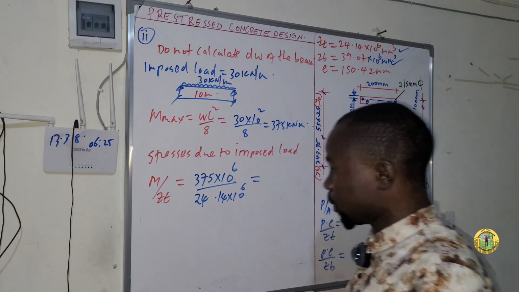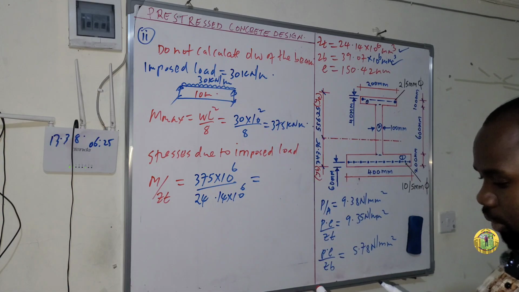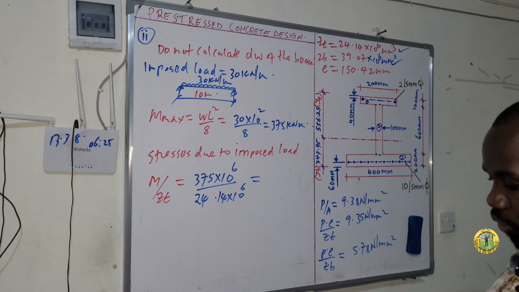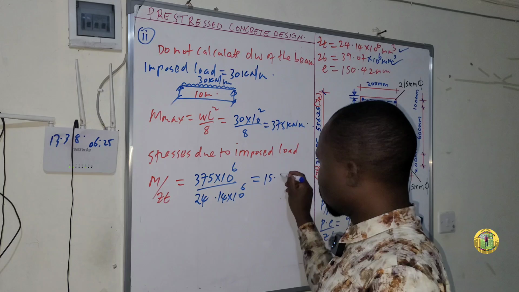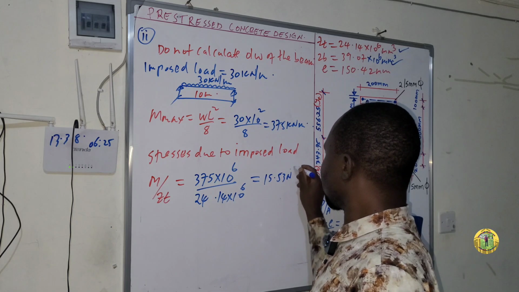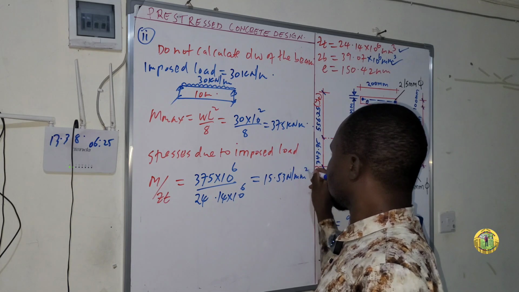So this one will be 375 divided by 24.14. So this is 15.53 Newton per millimeter square.